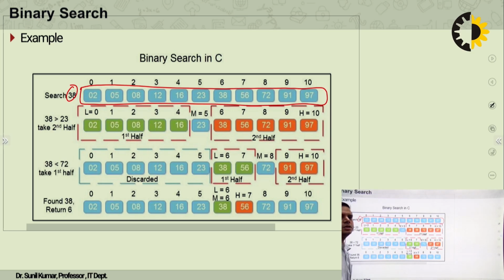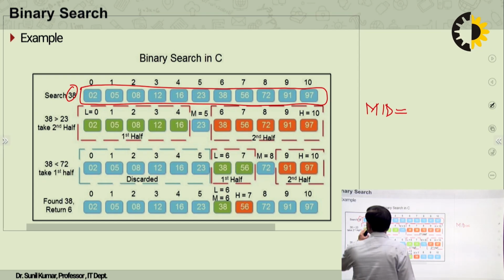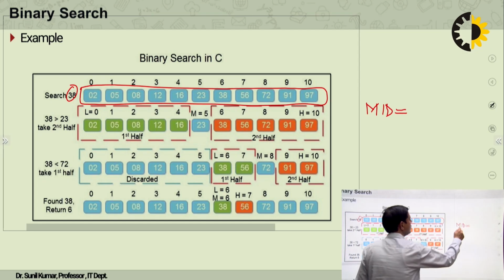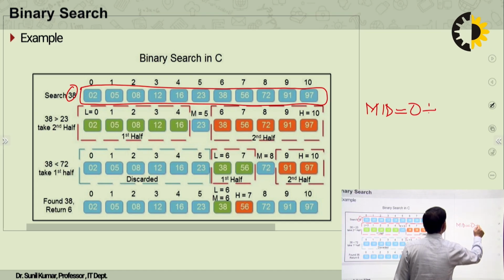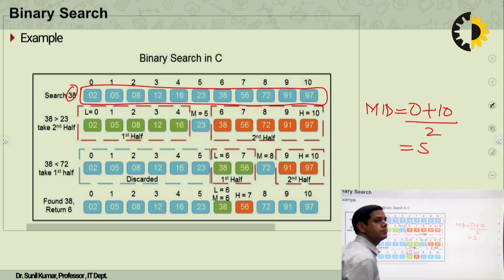According to binary search, first of all, we will find out the mid element. So, how to find out the mid element? The first element is stored at index 0, the last element at index 10, and divide by 2. That is 5. That means in that case, the mid element is 23.